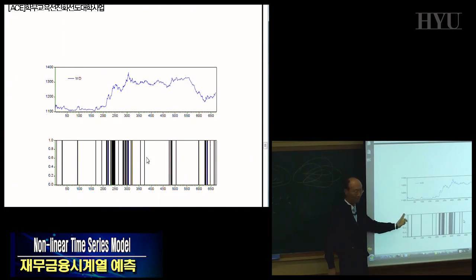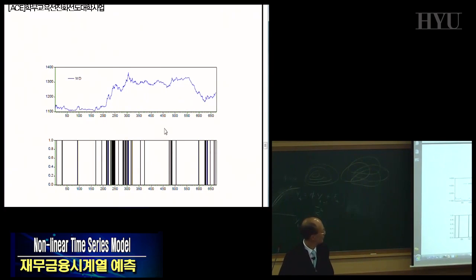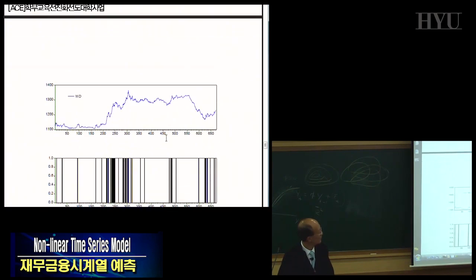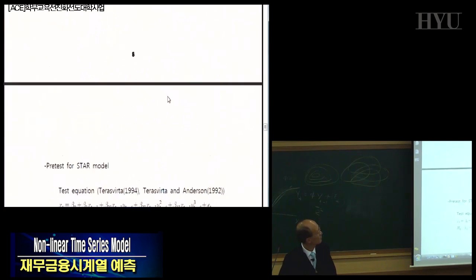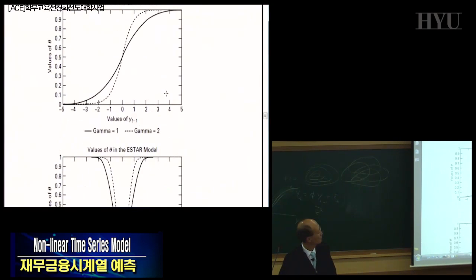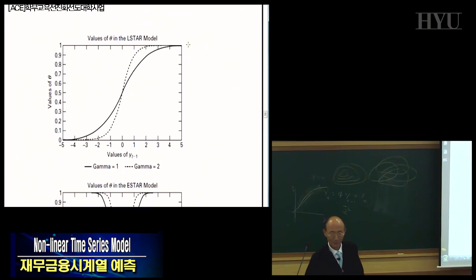When we see this, if these numbers are all significant, what it says is this gamma is very big, right? So it is more like this one.